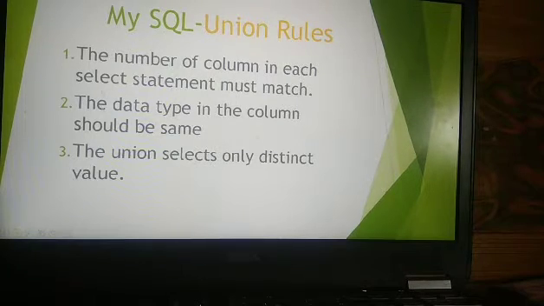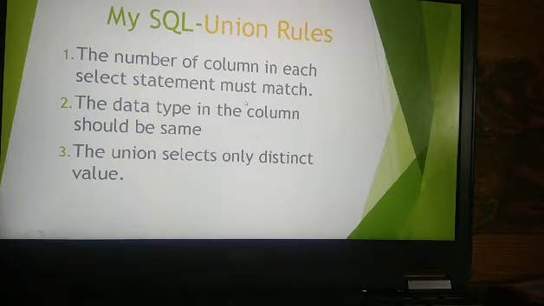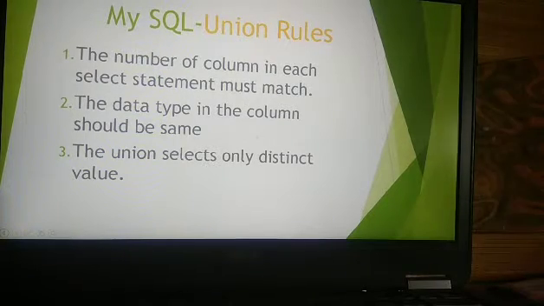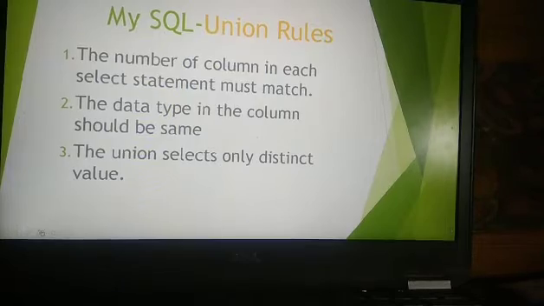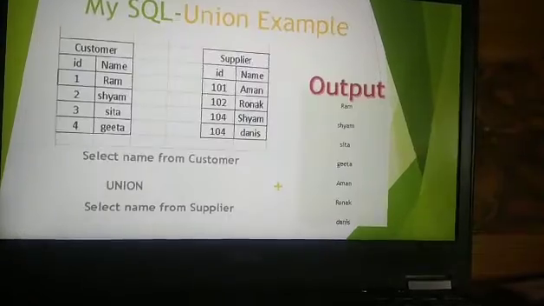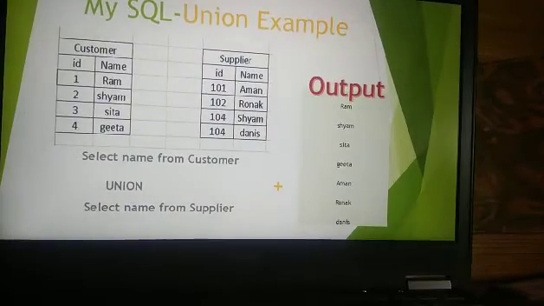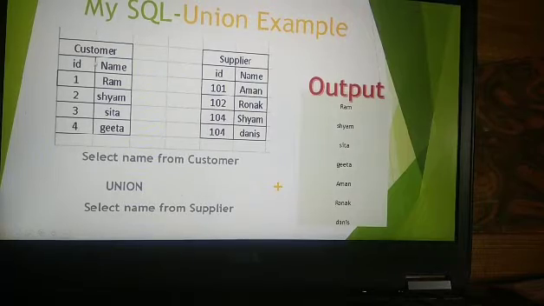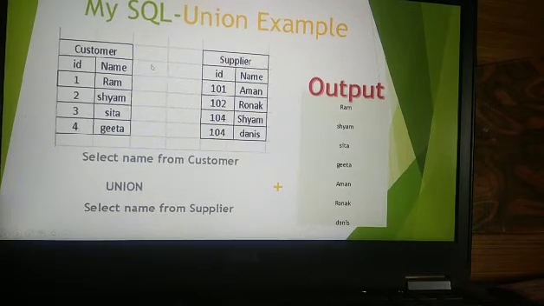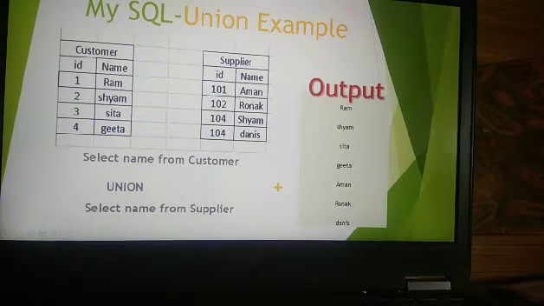The first rule is the number of columns in each SELECT statement must match. You can see here we are using two tables, the customer table and the supplier table.